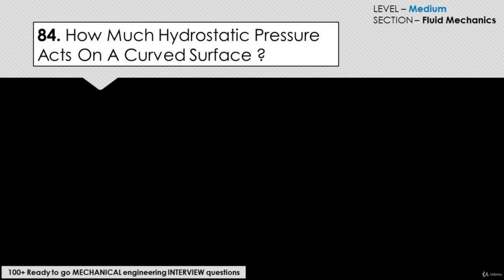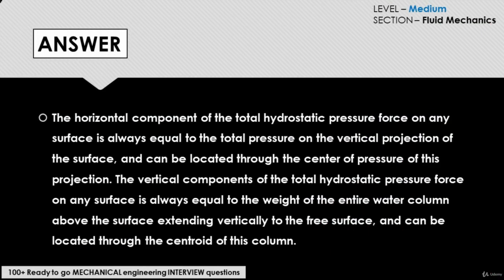How much hydrostatic pressure acts on a curved surface? The horizontal component of the total hydrostatic pressure force on any surface is always equal to the total pressure on the vertical projection of the surface and can be located through the center of pressure of this projection.